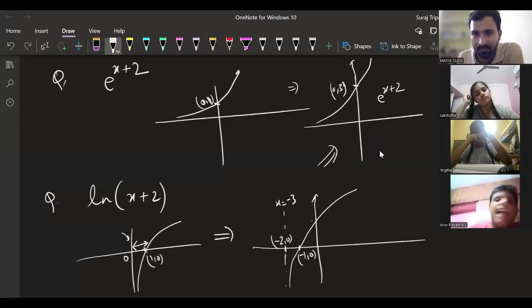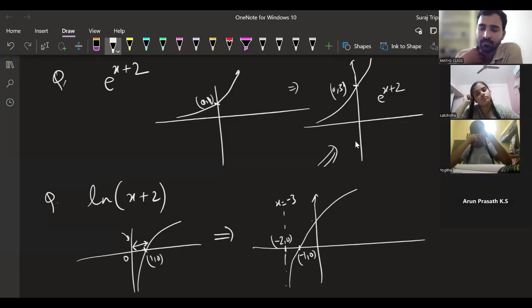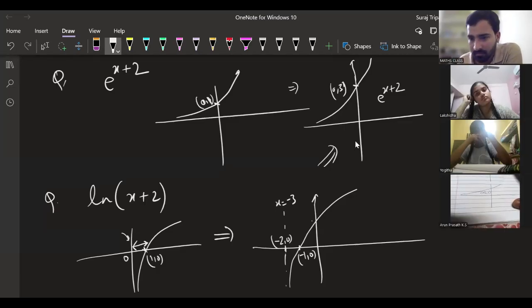Show me your graph. Like this only it will be now, sir. Minus 2 comma 1. See, we are shifting the entire graph by 2 units.